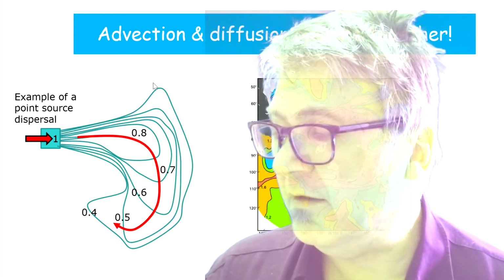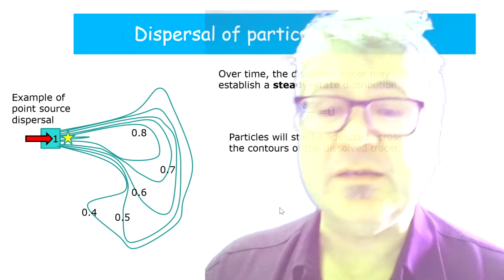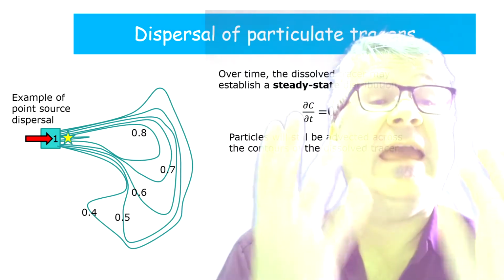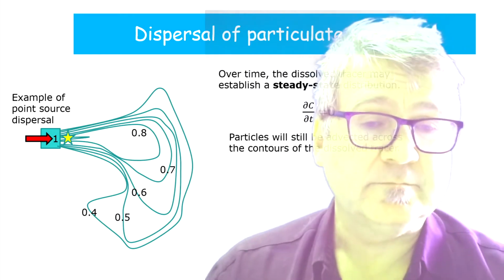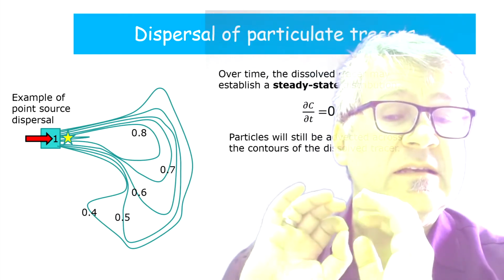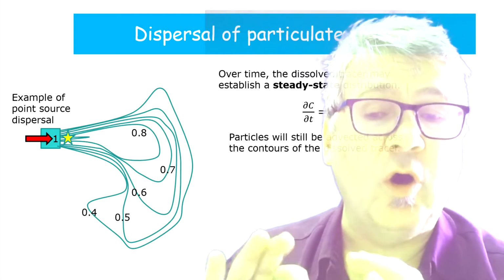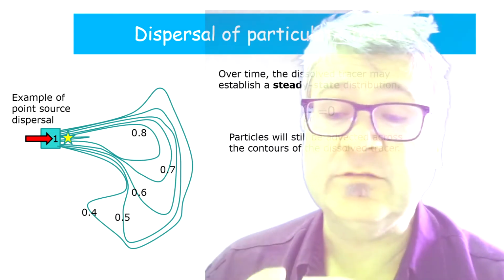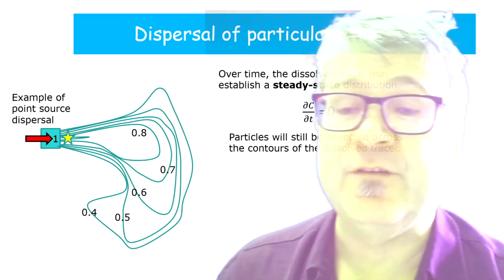So we essentially have a similar distribution here. And what you can imagine is that over time, you actually get a steady state distribution of your dissolved property. Okay, so just imagine that this one is the temperature field.